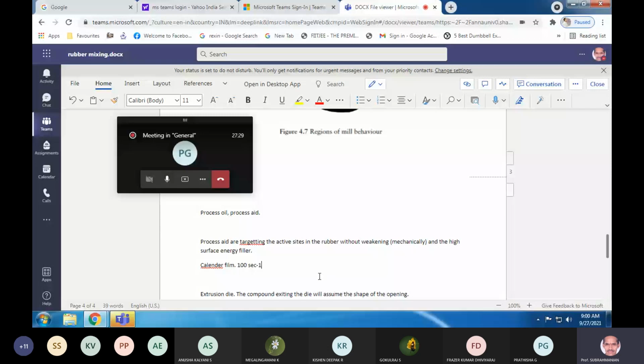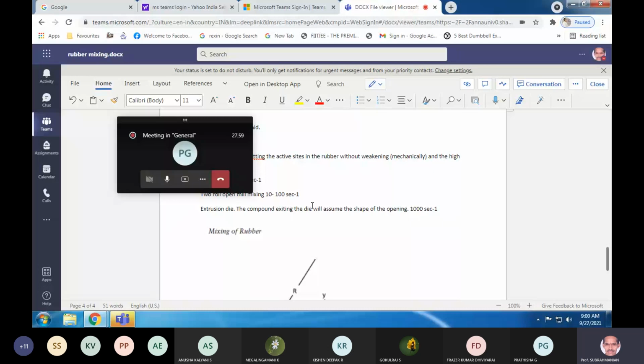And in case of open mill mixing, two roll open mill mixing, it will be about 10 to 100 second inverse. In case of rubber injection molding, why I quote the shear rate, I will tell you.